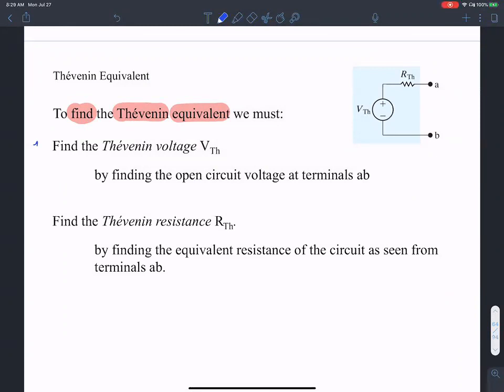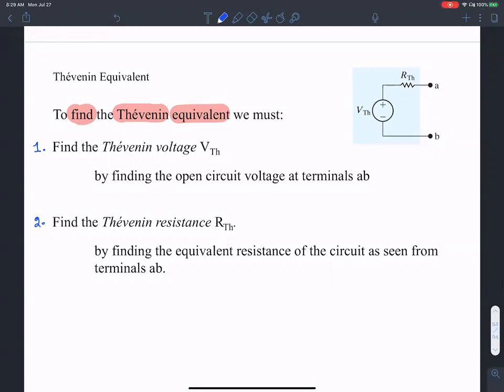First is to find the Thevenin's equivalent voltage. Second is to find the Thevenin's equivalent resistance. So in other words, what's the value of Vthevenin and what's the value of Rthevenin?